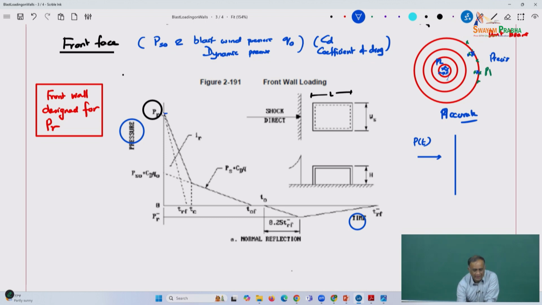The first thing it hits, PR comes, and remember the triangularization. We triangularize it and you can extend this blue line down, and then you also have what is known as stagnation pressure.